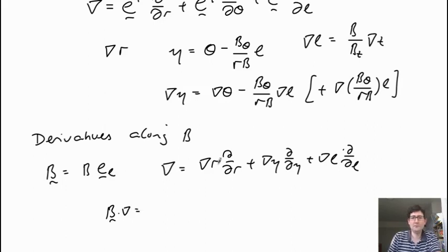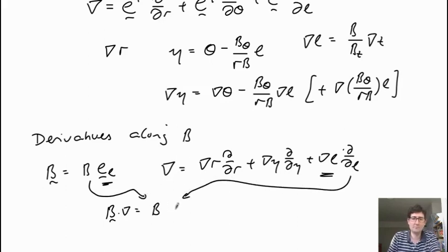So EL dot all of these components is 0 except EL dot with grad L. That dot product is equal to 1. And so this just ends up being the magnitude of B times the parallel gradient d by dl.